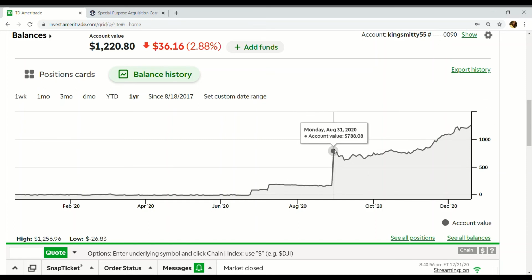Starting off from 788, when I really funded my account, my portfolio is almost an 80% gain, because 1400 would be a 100% gain. So yeah, I'm really doing this, and let's take a look at some of my positions.